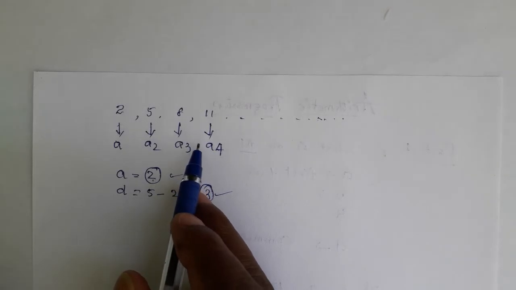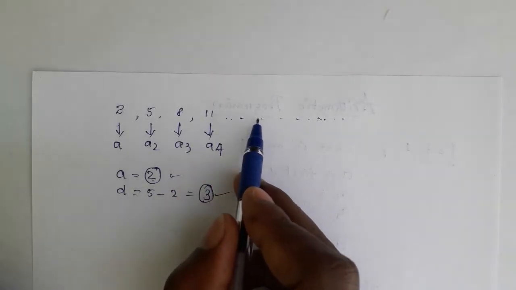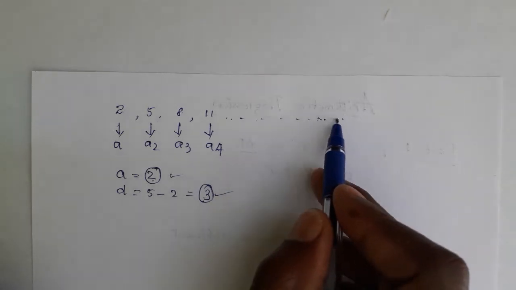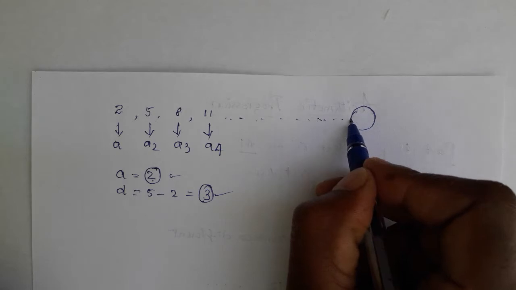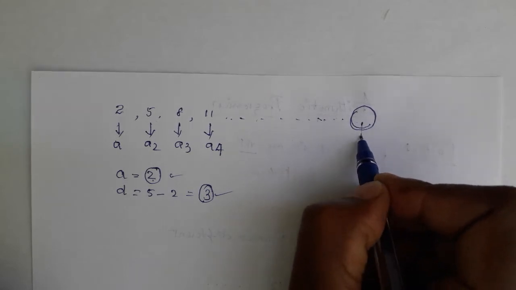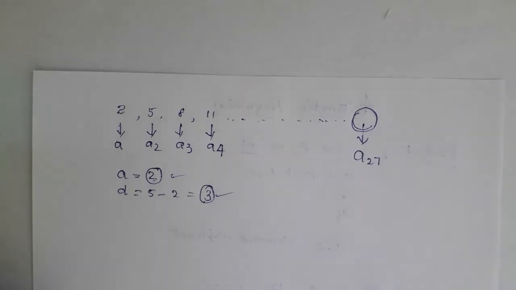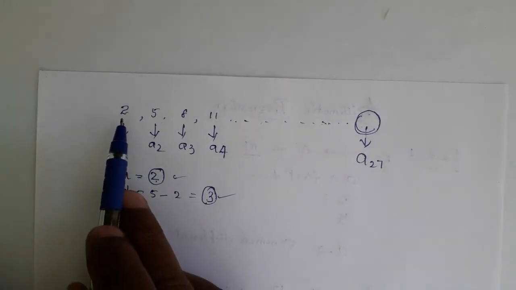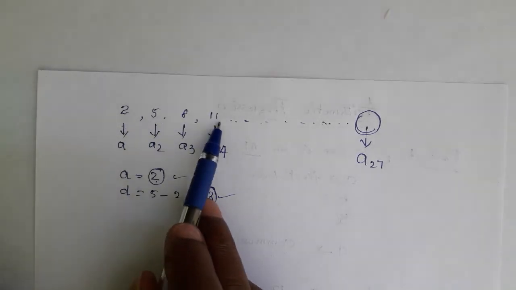See, in this AP, up to the fourth position is given. Who is coming fifth? Who is coming seventh, eighth or 11th, like that. Suppose there is one number that we don't know, sitting in the 27th position. In this sequence only 4 numbers are given: 2, 5, 8, 11.